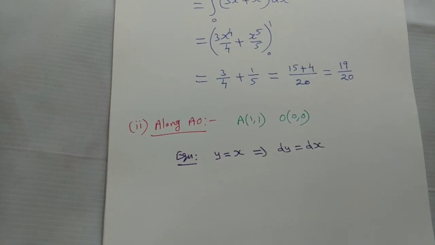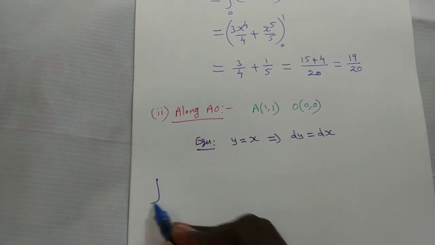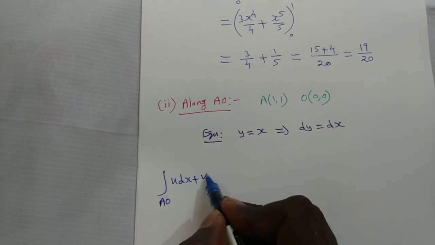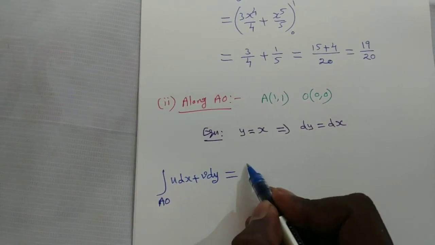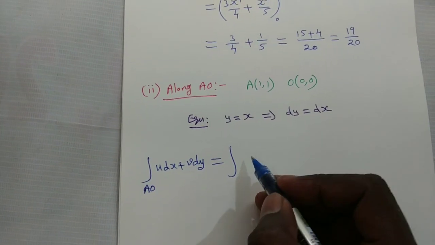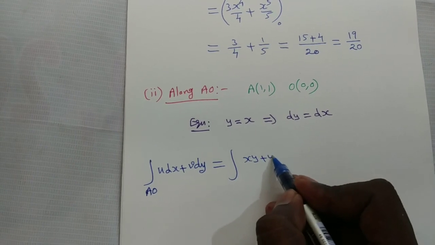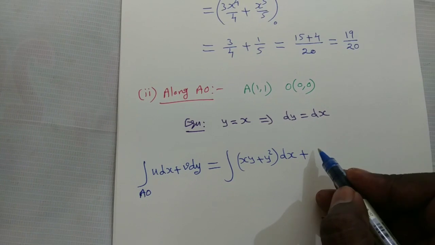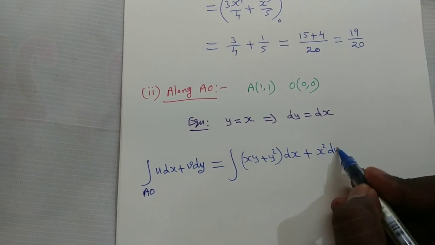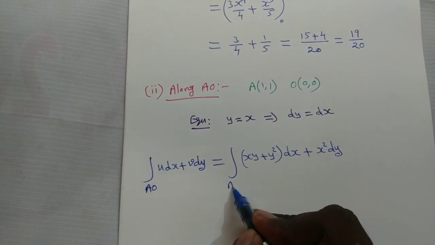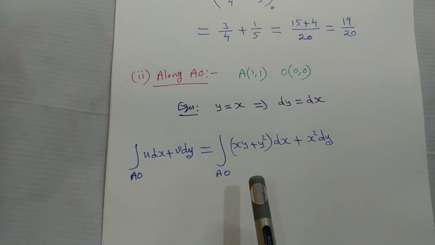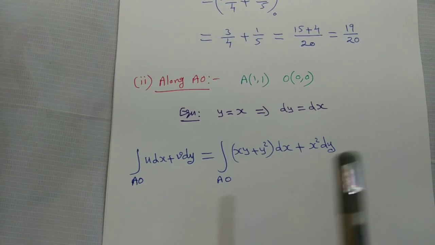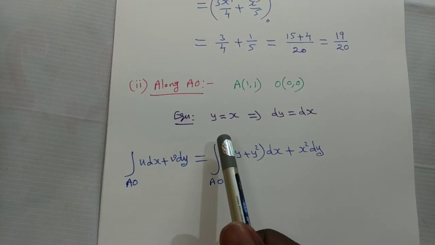Okay, now I am going to calculate the integral over AO of u dx + v dy, which is the integral over AO of the given (xy + y squared) dx + x squared dy. Okay, now this is a single integral. I want to convert it in terms of a single variable, either x or y, by using this.